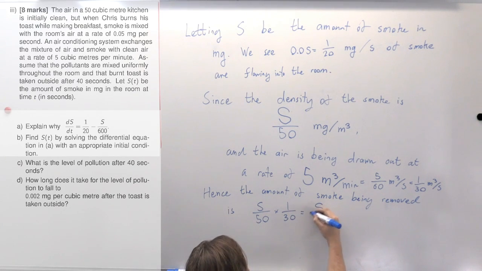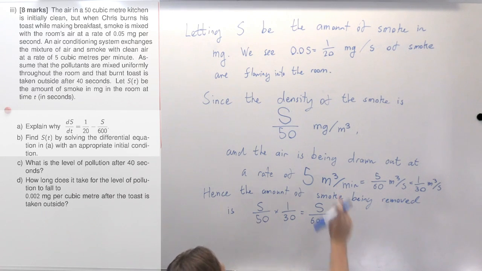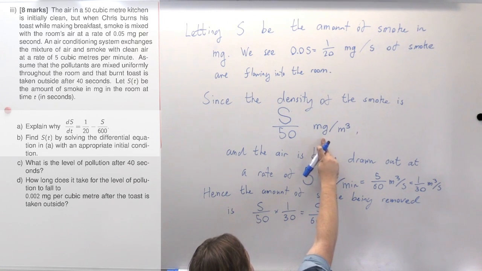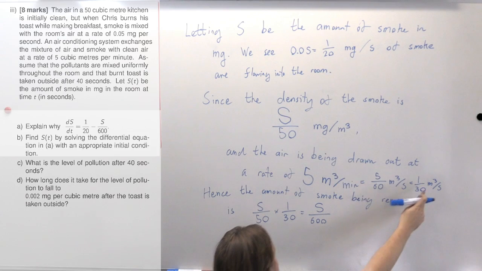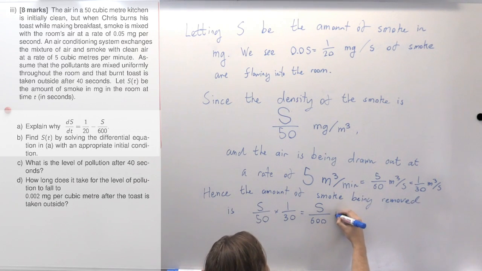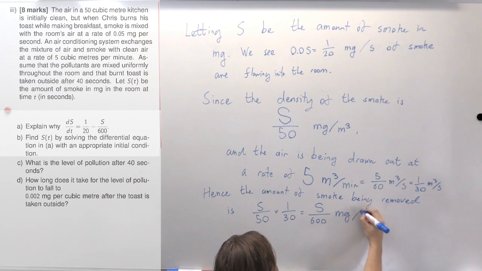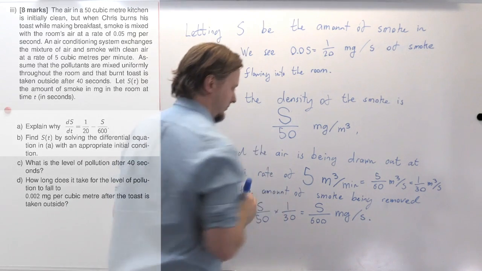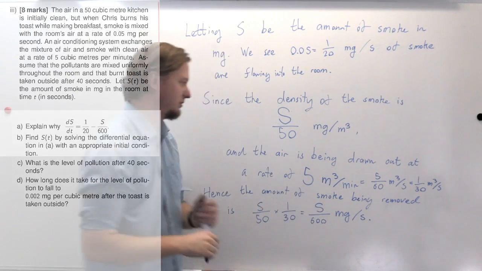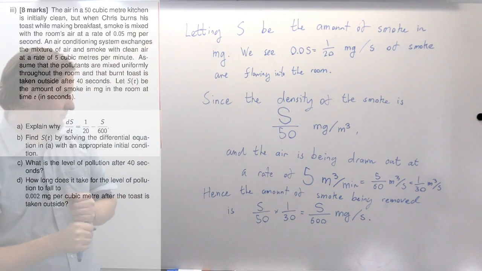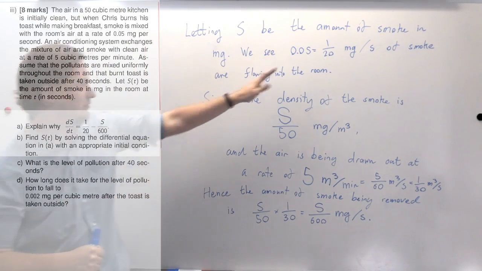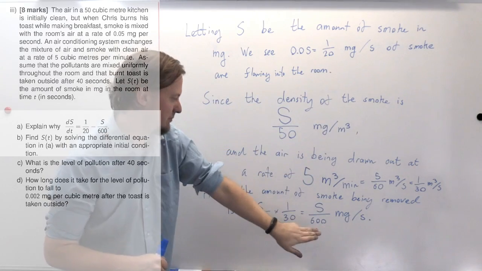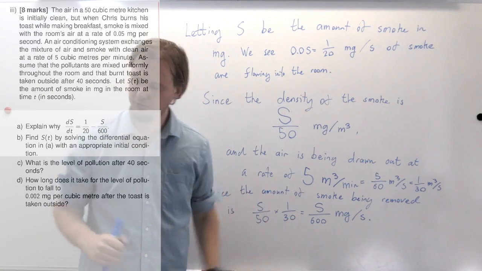So that's S over 600. And let's see what the units are now. This is milligrams per meter cubed times meter cubed per second. So we get milligrams per second. So that's S over 600. Right, so that's how much is flowing in, and this is how much is flowing out.